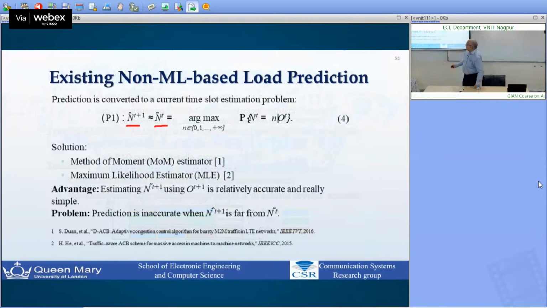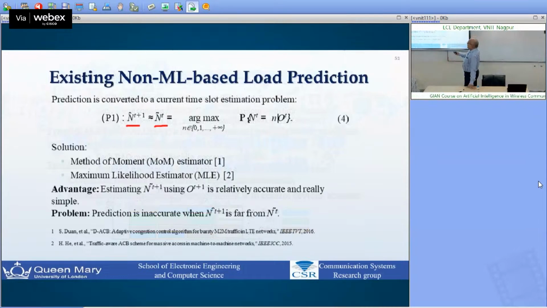So in the existing work in this literature, they use estimators: the method of moment estimator and the maximum likelihood estimator. Based on the observation up to time t, they estimate the load during time slot t and assume that t plus 1 is also the same, but that is not correct.